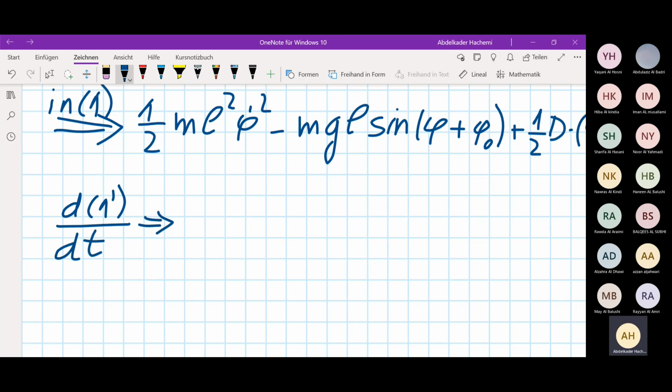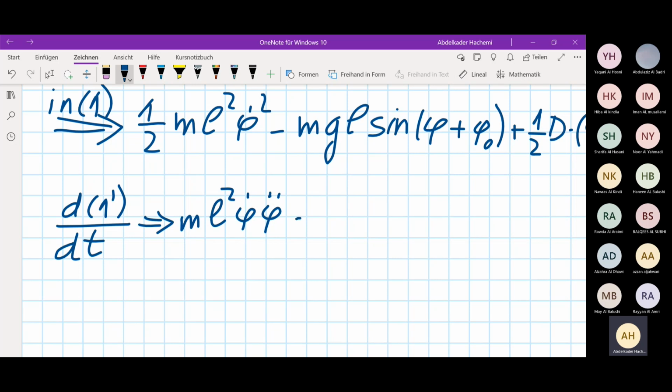Then we get here ml square phi dot phi dot dot. When we derive the time derivative of this term, we have phi dot; when we derive it, it's 2 times the half of ml square phi dot, and the derivative of phi dot is phi dot dot. The same is what we do for the second and the third term.